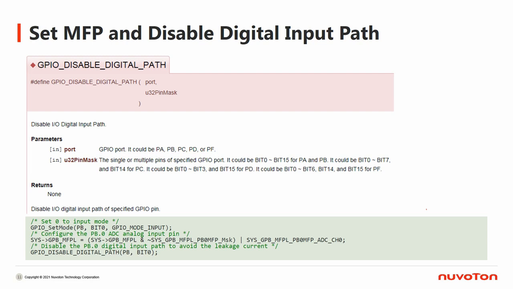The second line is to configure PP0 as the pin for ADC input channel 0. Besides, don't forget to disable the digital input path of PP0. It could be simply made by calling the function GPIO disable digital path. After above are all done, we can start to use ADC input channel 0.